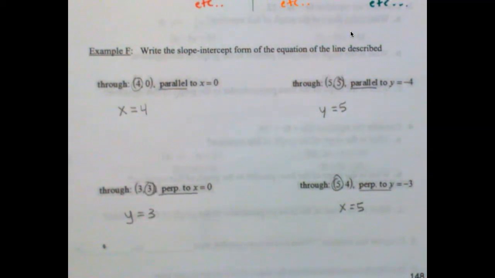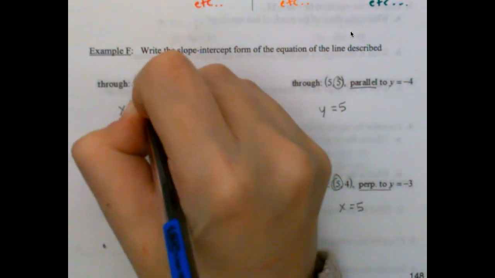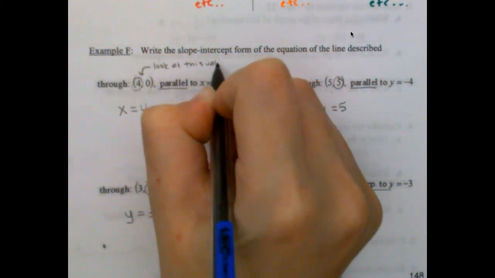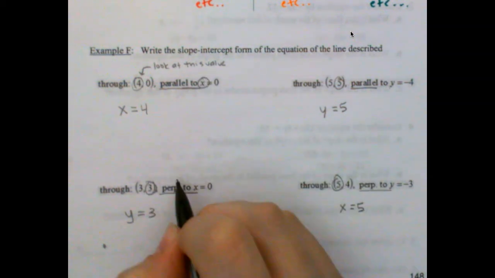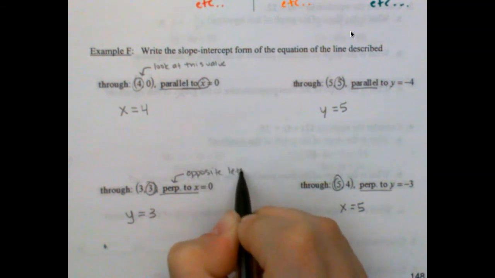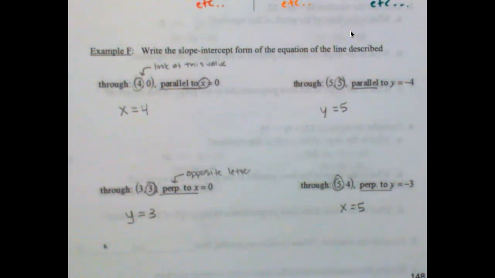Okay. And we can even say here, if you want to put this in your notes, look at this value because that's the x value. Okay. And then if you want to think about perpendicular, it's the opposite letter or variable.